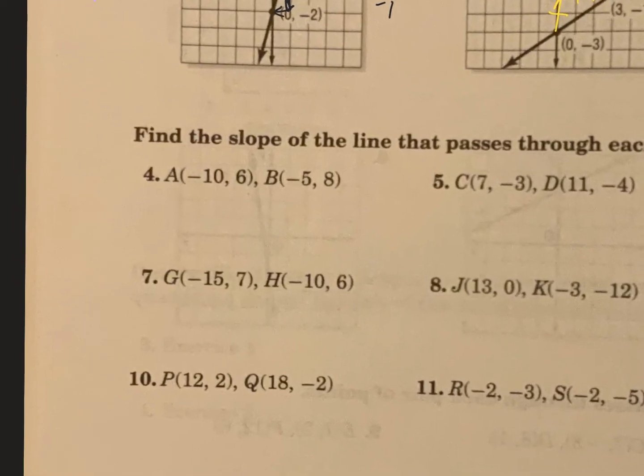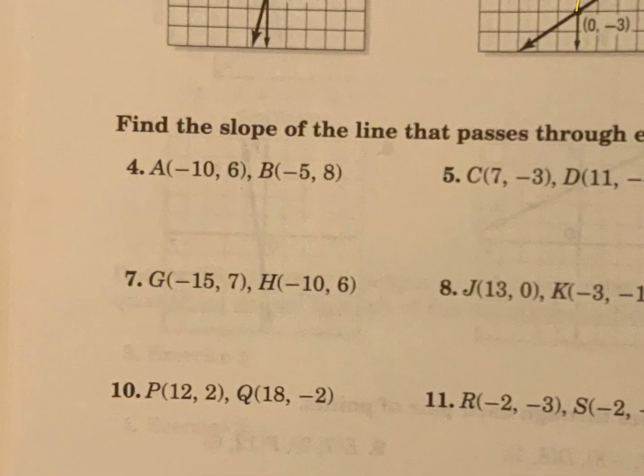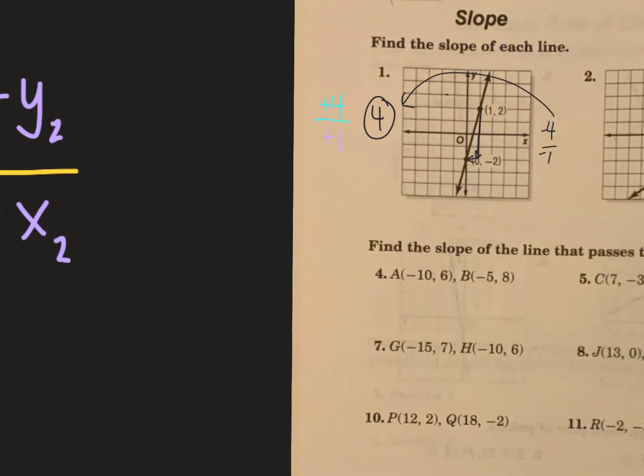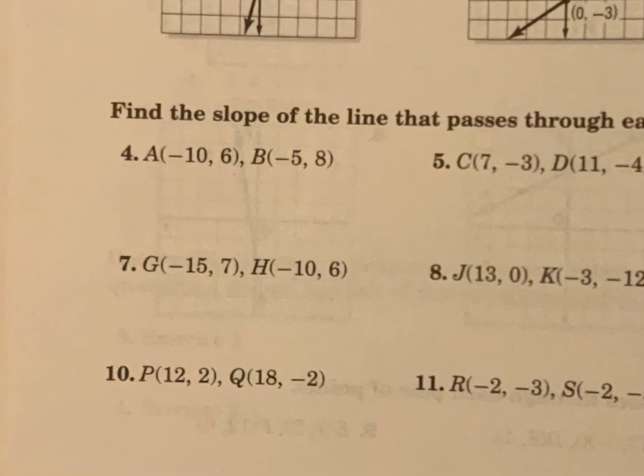All right, now we have to find the slope, but they're not going to give us a picture. They're just going to give us the 2 ordered pairs. So, reviewing, we said we could subtract the y's and subtract the x's. So, let's subtract the y's. Remember that this is x and this is y.